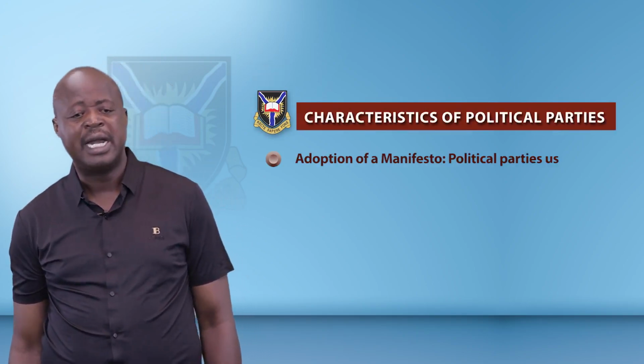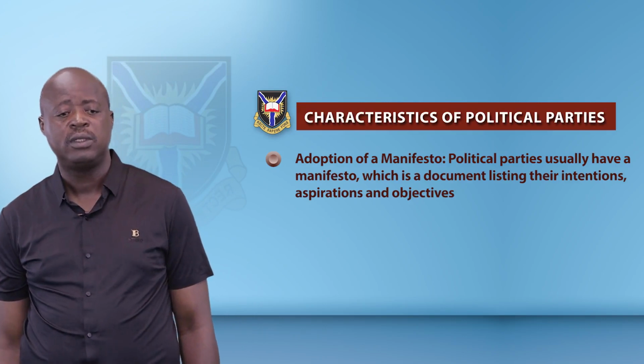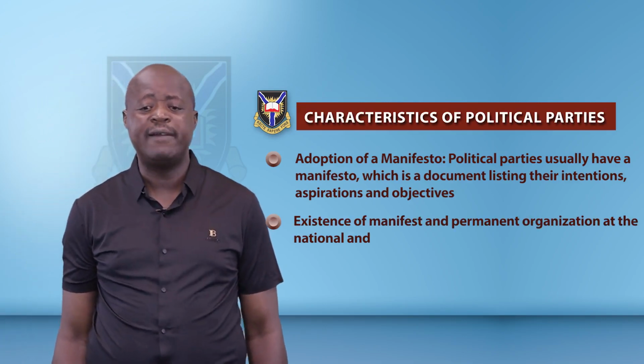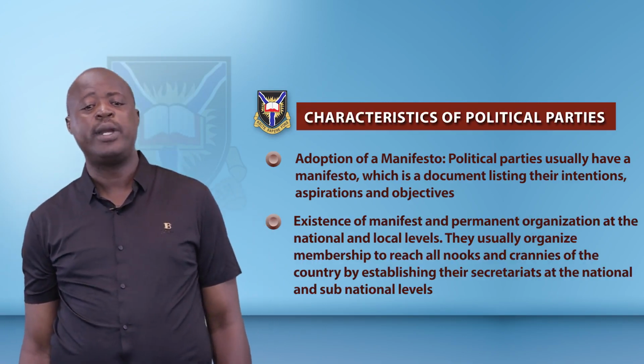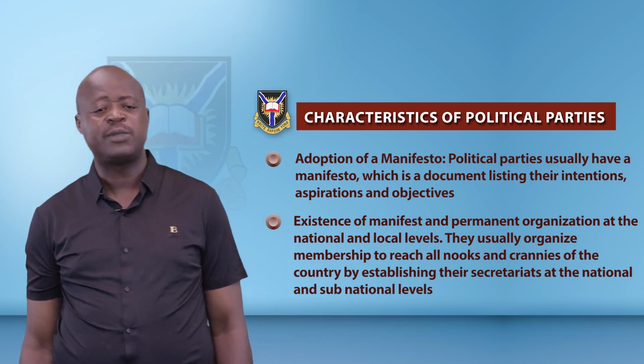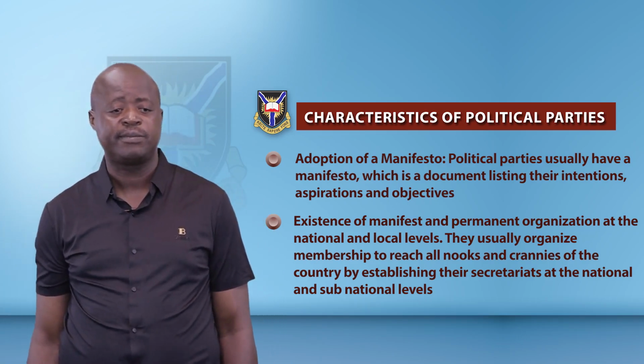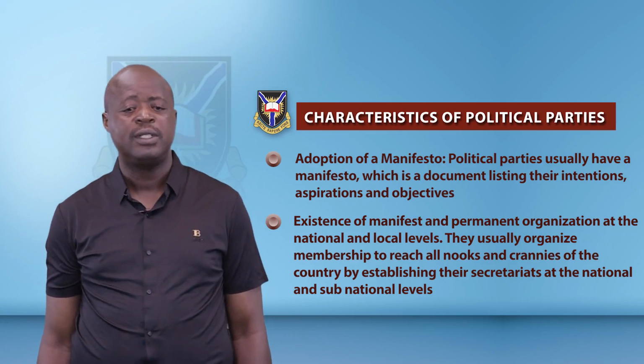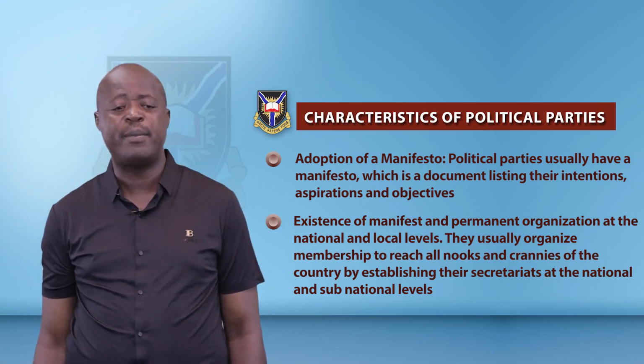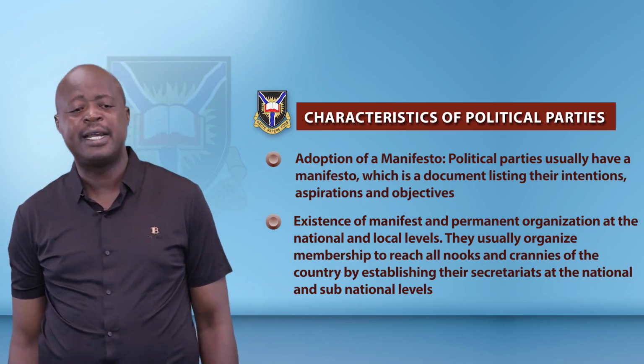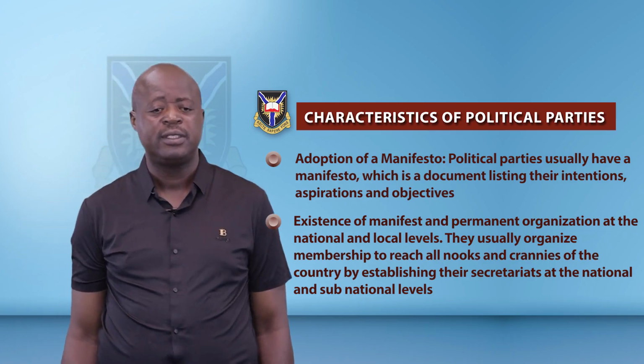From the above definitions, we can identify some features or characteristics of political parties, and they include the following. Number 1, adoption of a manifesto. Political parties usually have a manifesto, which is a document listing their intentions, aspirations, and objectives. 2, existence of a manifest and permanent organization at the national and local levels.